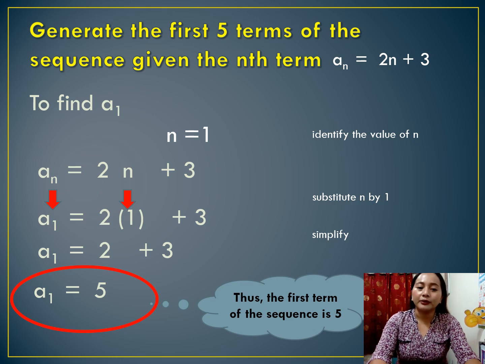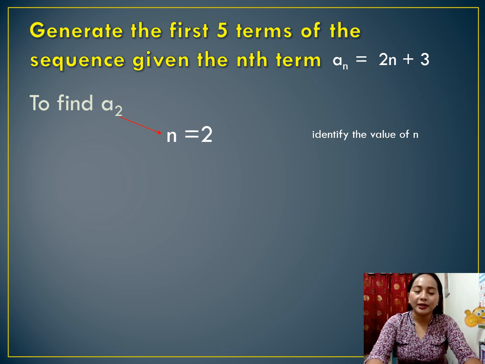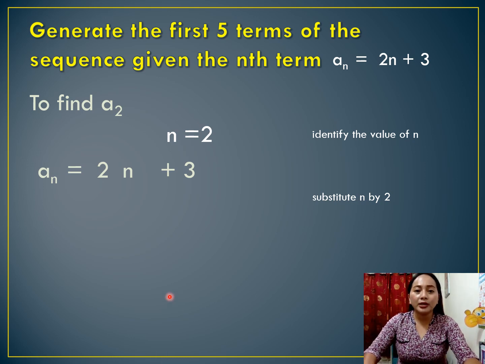Let's have another one. Find A sub 2. Now again, you have to identify the value of n. And at this time, n is equal to 2 because we are looking for the second term. And refer to the nth term, A sub n is equal to 2n plus 3. At this time, you are going to substitute n by 2. What makes it 2?